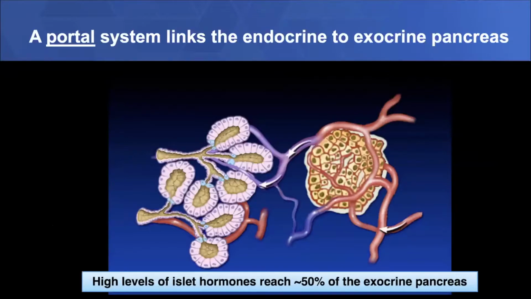The pancreas represents one of the three portal systems in the body, the other two being involved with the liver and the brain and pituitary. What that means is, as shown here, high concentrations of islet hormones, from the islet to your right, reach the exocrine pancreas. So about half of the pancreatic acinar cells are bathed by this secretion from the islets that have very, very high concentrations of islet hormones.